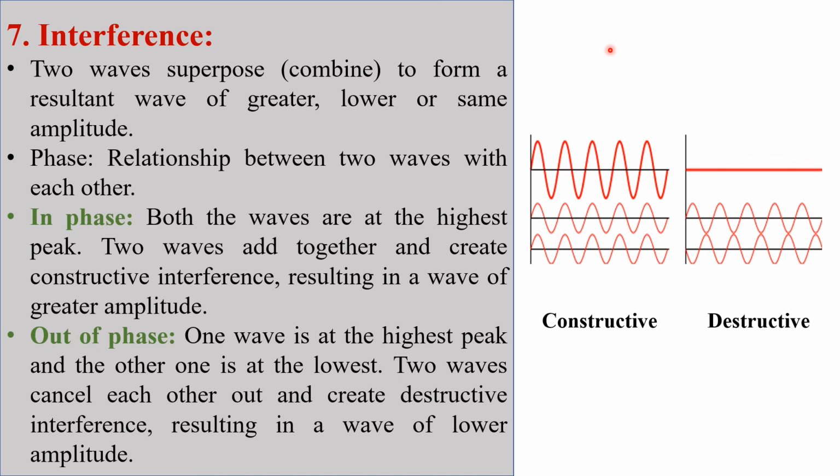So, here we can see that this wave is at its highest peak, and this wave is at its lowest peak. If we add them together, they will cancel each other out, and the resulting wave will have a much lower amplitude.